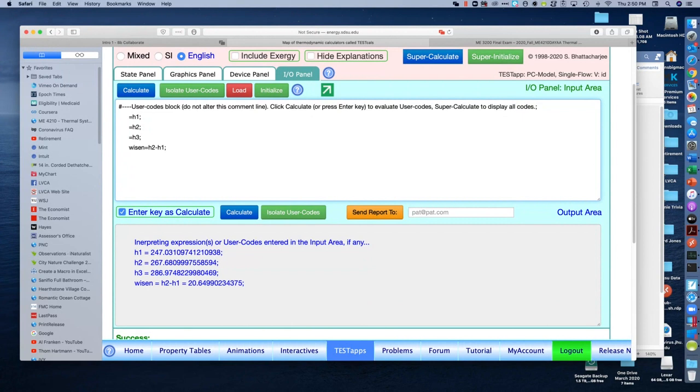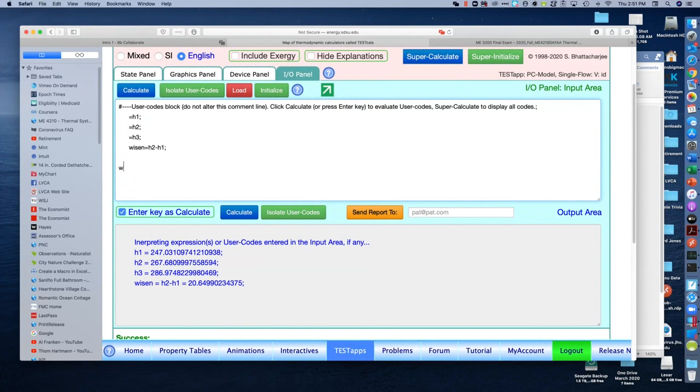And as you see here, because I said output minus input, we see that it's a positive number, and a positive number means that in this particular case we raised the enthalpy because this compressor has work going into it, which is a little bit different than work being generated by the system.